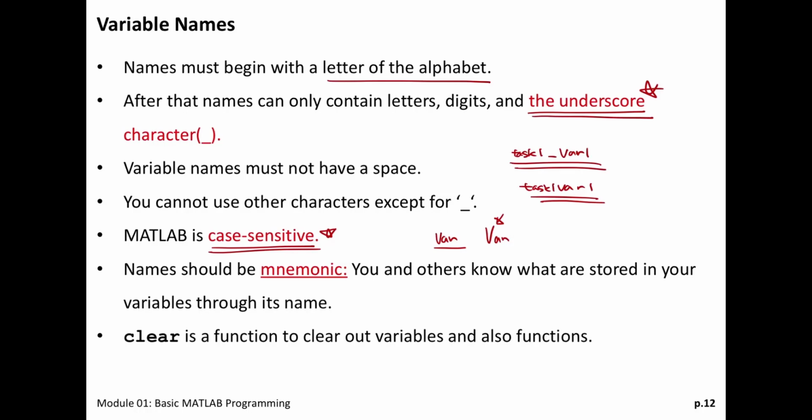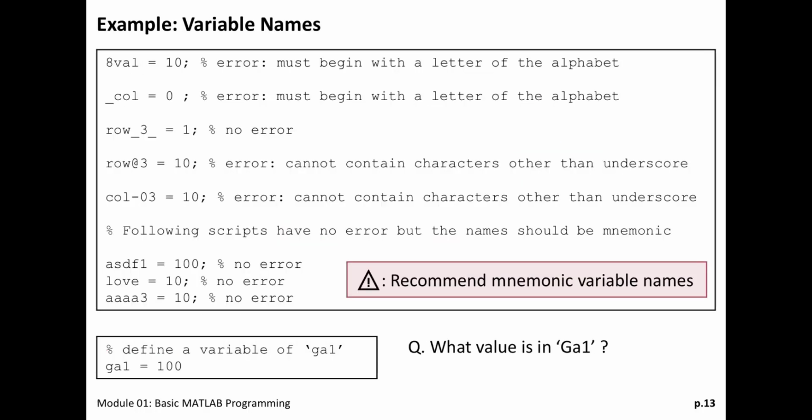The clear is a function to clear out variables and also functions. You'll see how I use this clear function. This shows valid and invalid variable names. What about this one? It starts with a non-alphabet character, right? So wrong. What about this one?